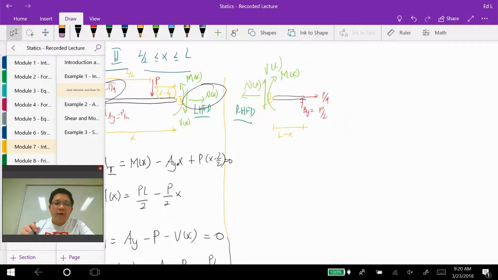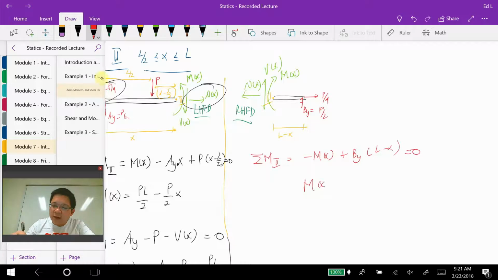Right, and when you solve it using the right hand free body diagram, you should obtain exactly the same expressions. When I take the sum of moment at the cut, here I have negative M of x plus BY times L minus x, equal to 0.